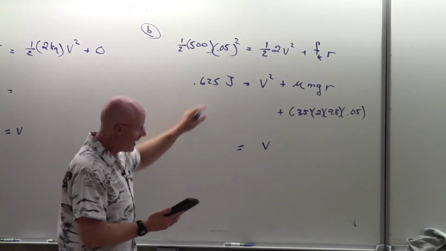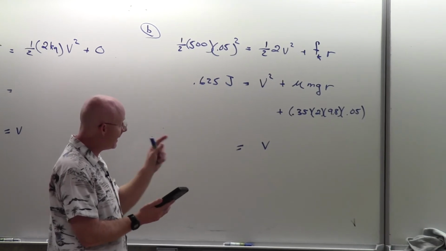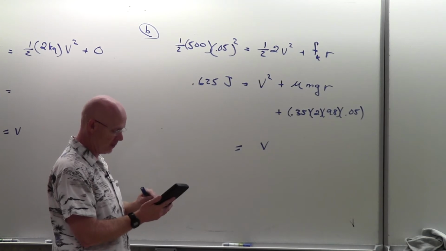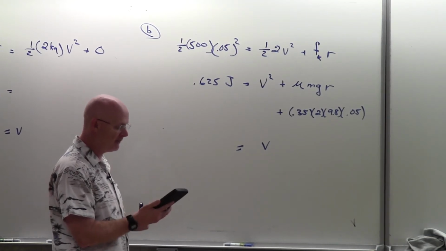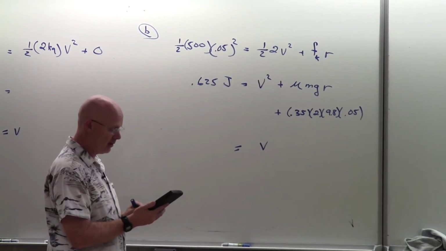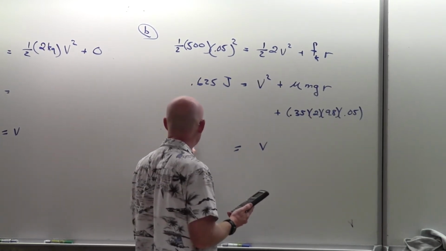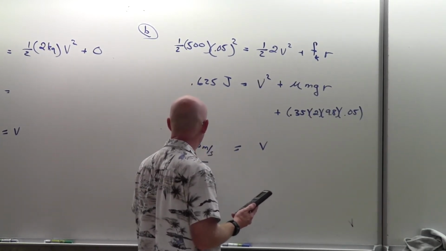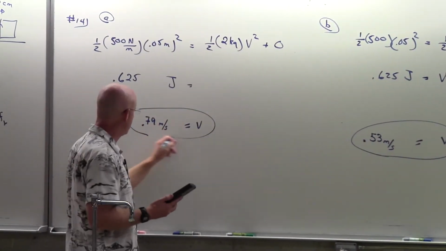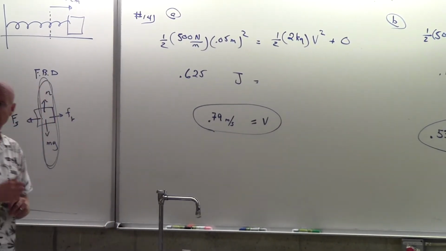And so that being said, I can go 0.625 minus 0.35 times 2 times 9.8 times 0.05 gives me a much smaller number in terms of the energy left for kinetic. And taking the square root of it gives me a reasonably smaller number for the speed. And so, not a surprise, it is a lower speed with the friction, with the heat.